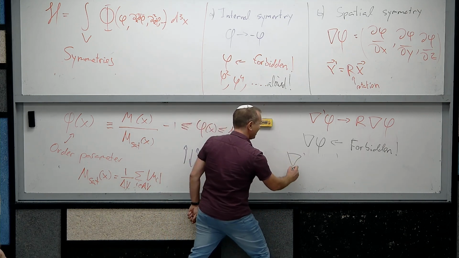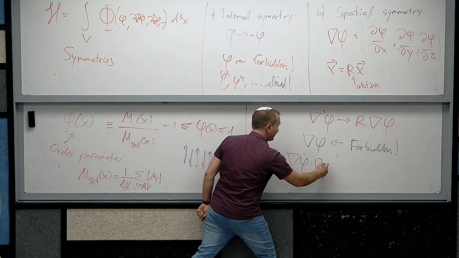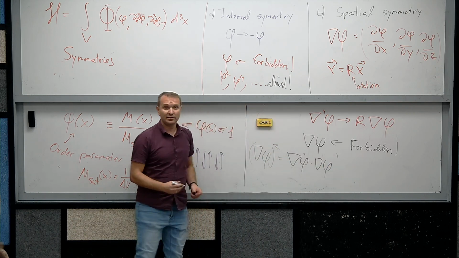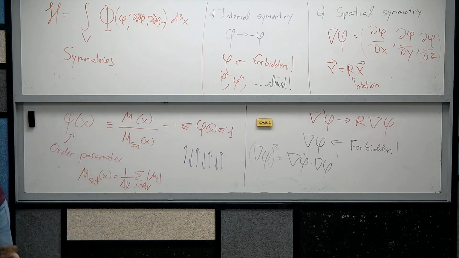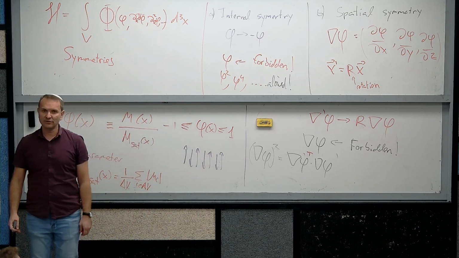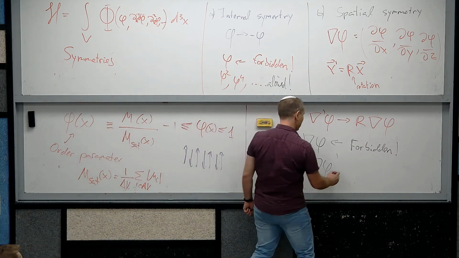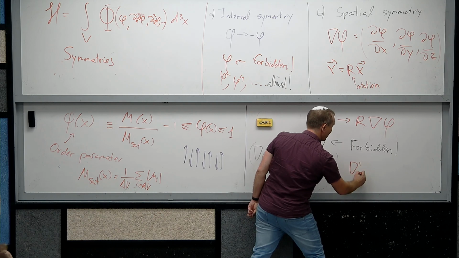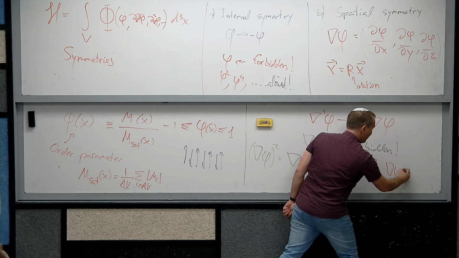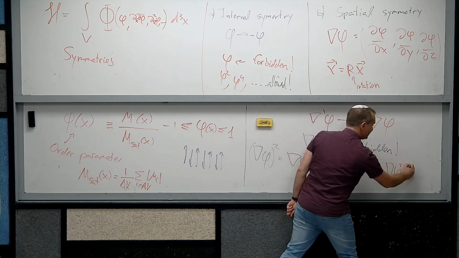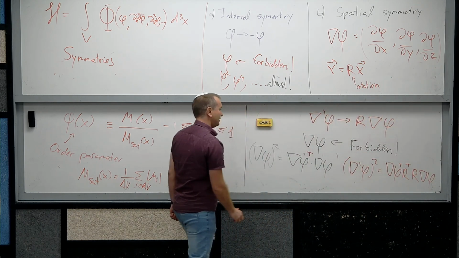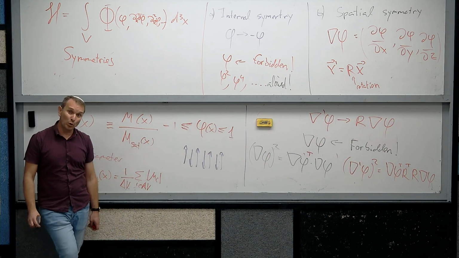What about terms that are grad of phi multiplied by grad of phi, or grad of phi squared? This has a T over here, a transpose. So grad prime of phi squared is going to be grad of phi transpose R grad of phi. What is R transpose multiplied by R?